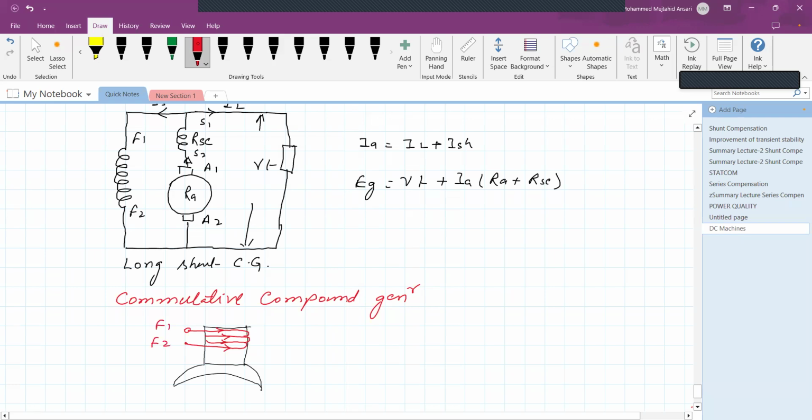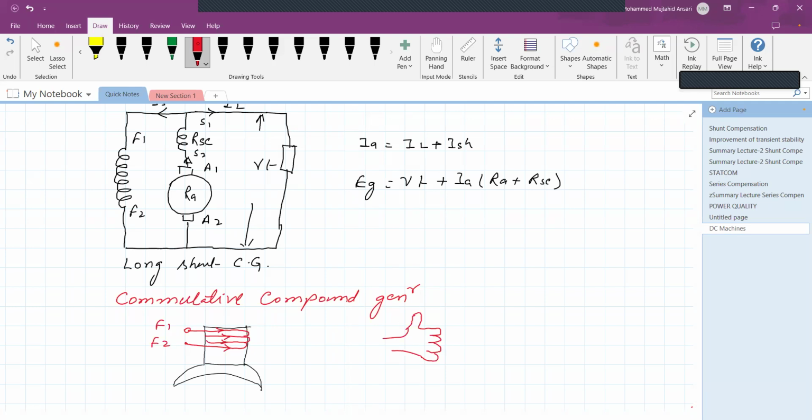If you hold this coil, the solenoid, with the right hand in such a way that your fingers show the direction of current, then the thumb shows the direction of the North pole, or the flux.